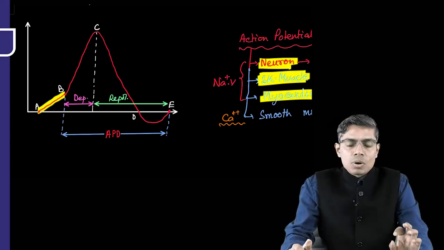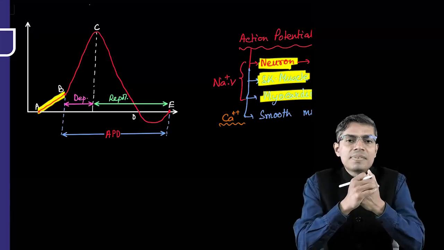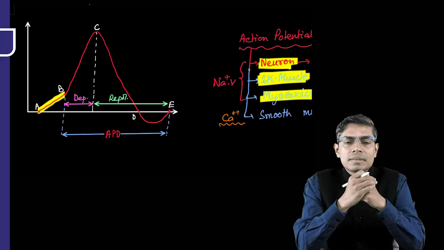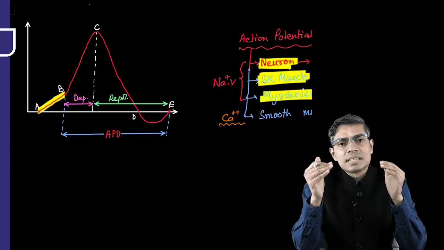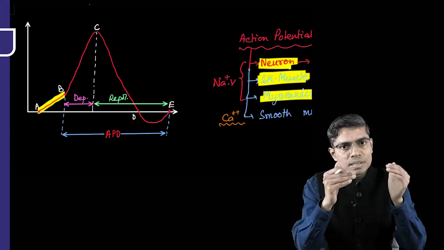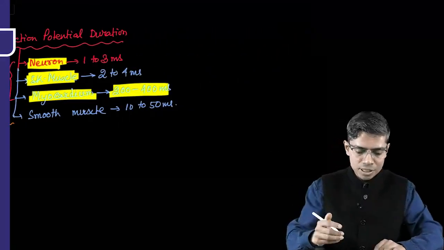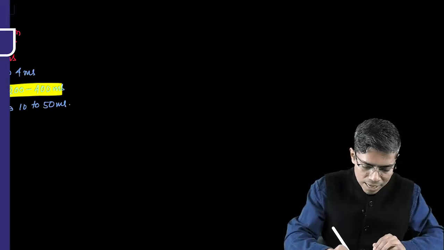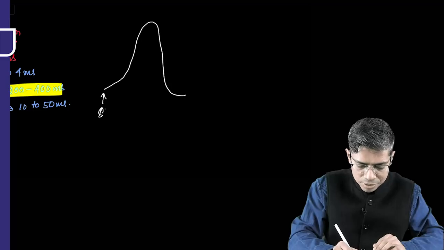Now, whenever we are talking about the refractory period, the refractory period means that period where second action potential generation is not possible or maybe difficult. What do you mean by that? Suppose I am giving you a question like this: this is one action potential, it has been generated due to a stimulation here. This is the point of stimulation.